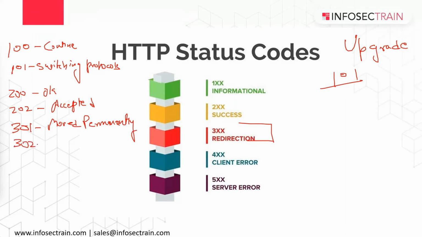Then 302 found. This response code means the URI of the requested resource has been changed temporarily.